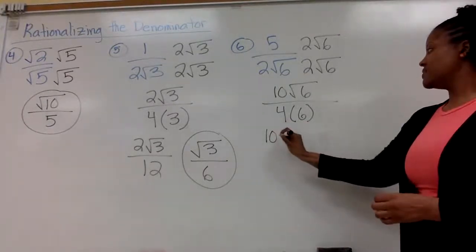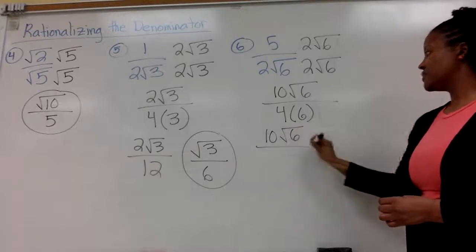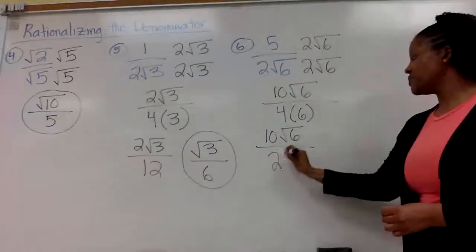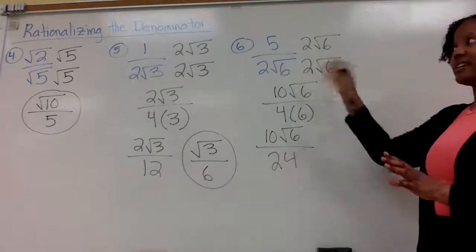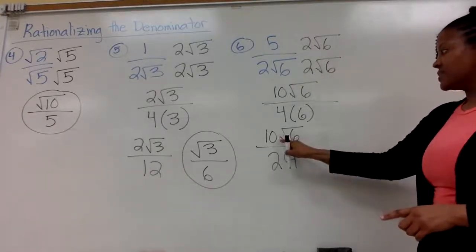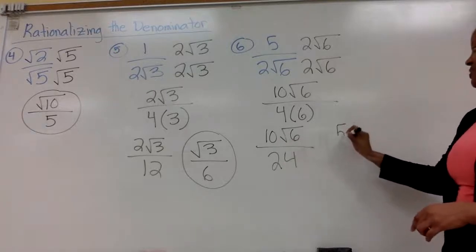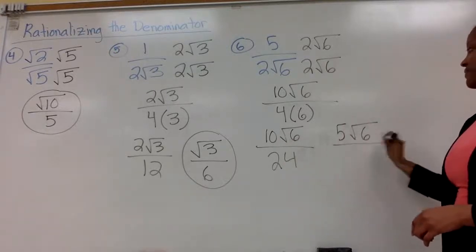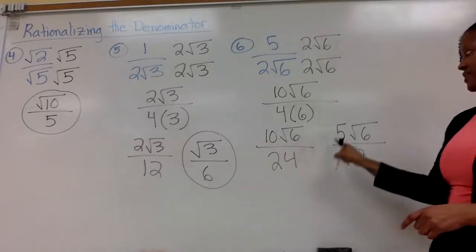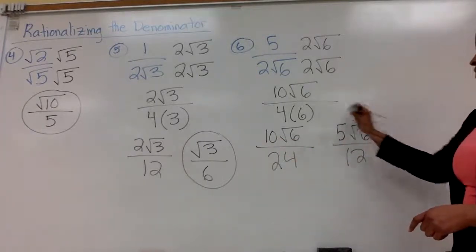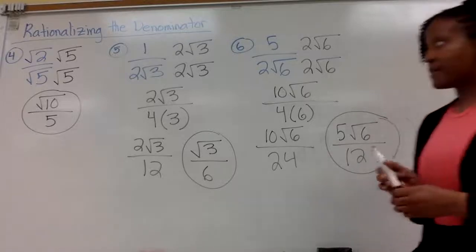So this gives me 10 square root 6. 4 times 6 is 24. Reduce with any fractions, not just in rationalizing, with any fractions. So 10 over 24 reduces to 5 twelfths. So 10 over 24, that's a fraction that reduces to 5 over 12. And that is our final answer.